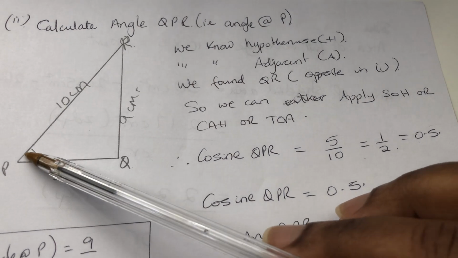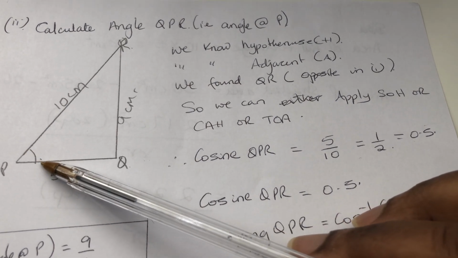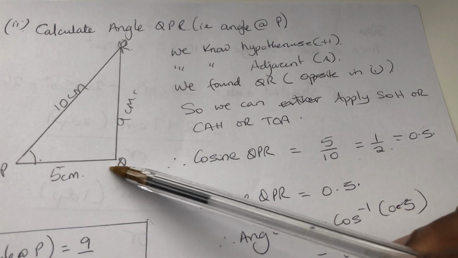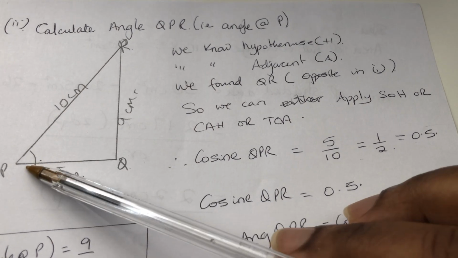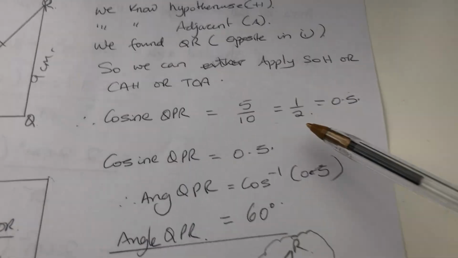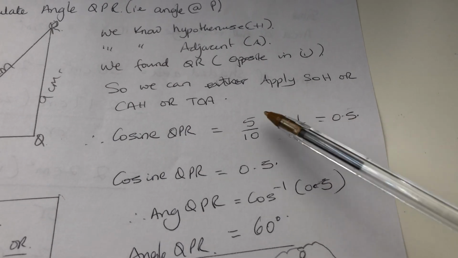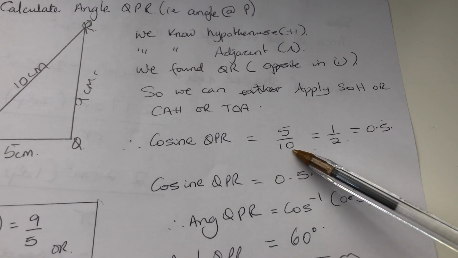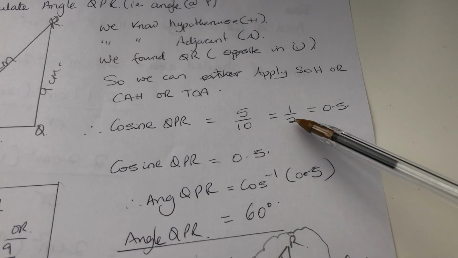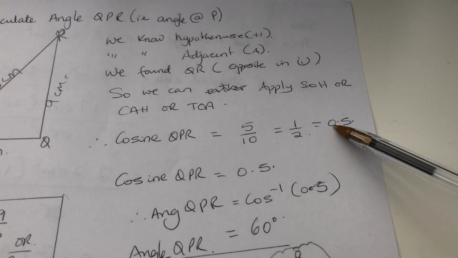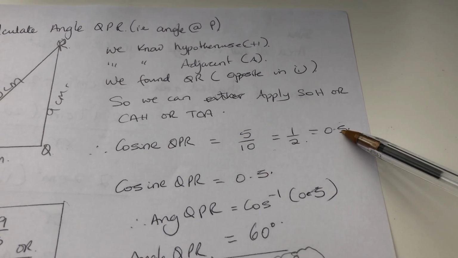So the cos of this angle at P will be adjacent, which is 5, divided by the hypotenuse, which is 10. 5 over 10 is half, which will give me 0.5.